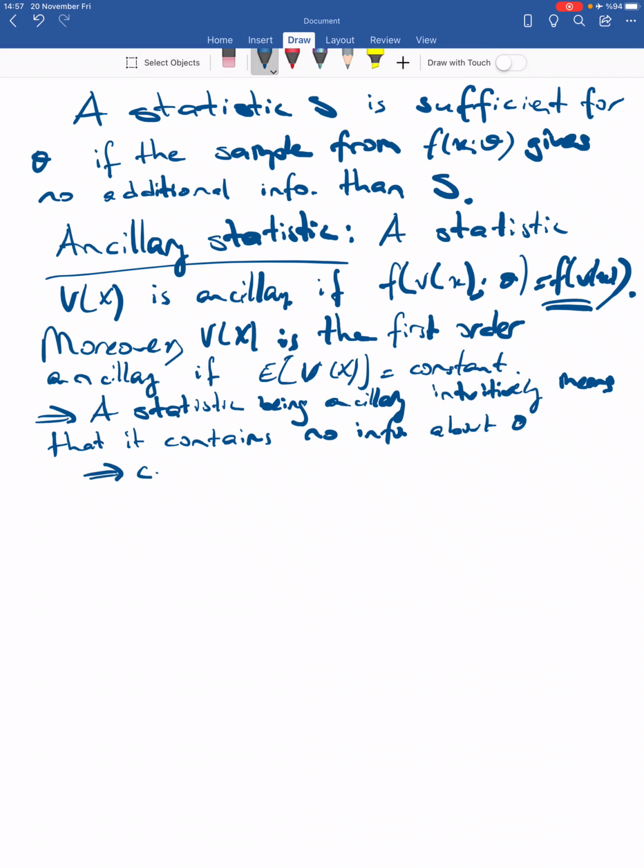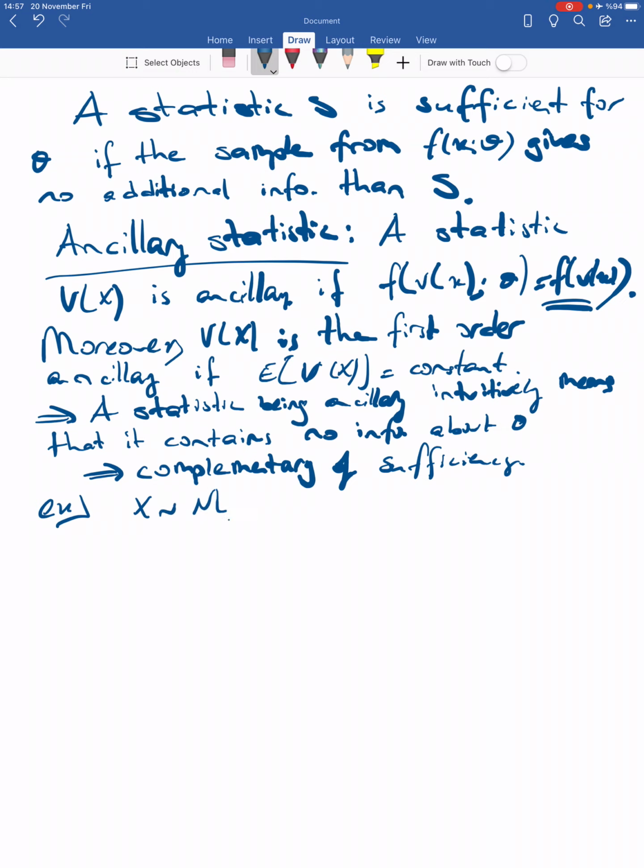It is just the complementary of sufficiency.